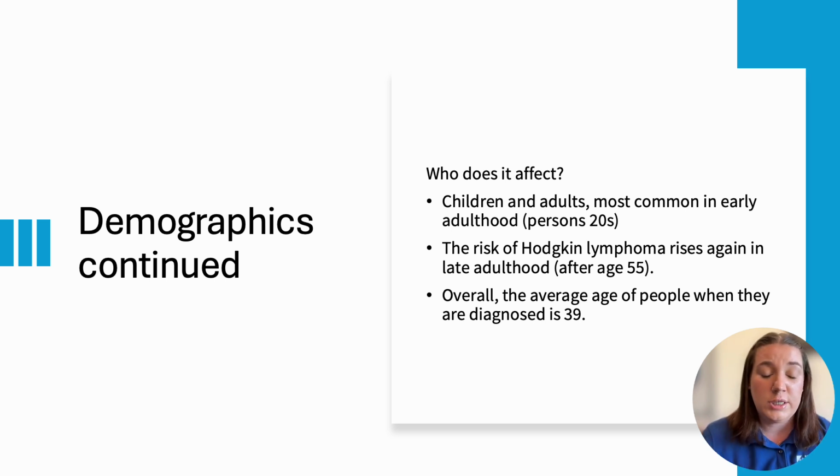However, once past your 20s, if you do not have any signs of lymphoma, unfortunately, you're not out of the clear, because the risk to develop lymphoma rises again in late adulthood, so basically after 55. So overall, the average age of people when they are diagnosed is about 39.